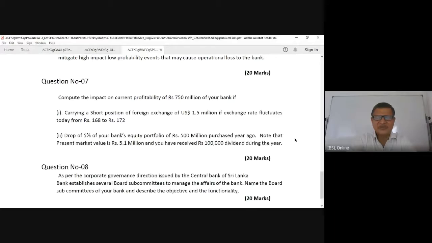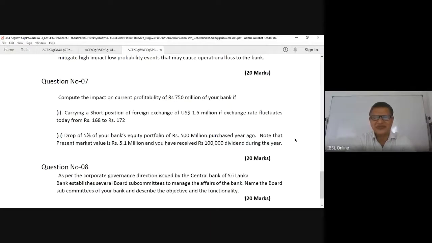Now you need to understand this is relating to market risk. One of the components of market risk is foreign exchange risk. Foreign exchange is required for banks to carry out various functions.